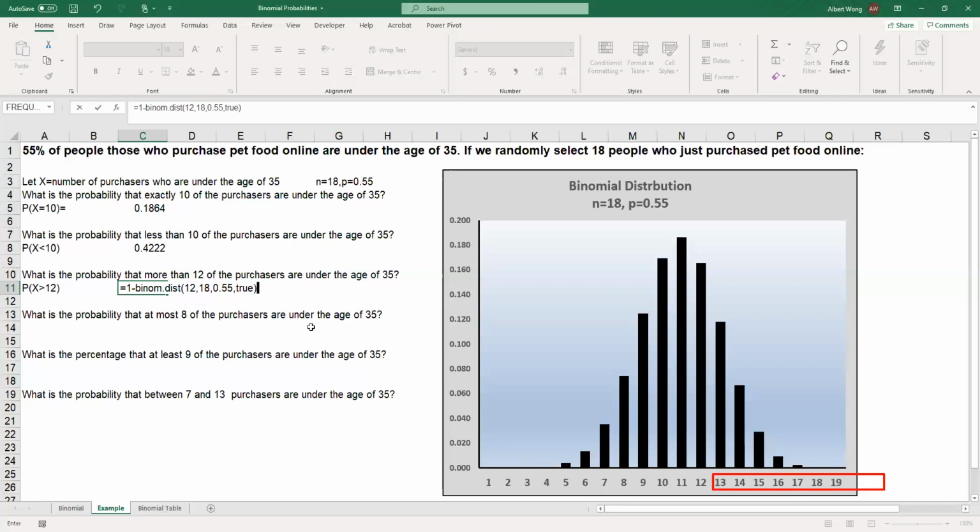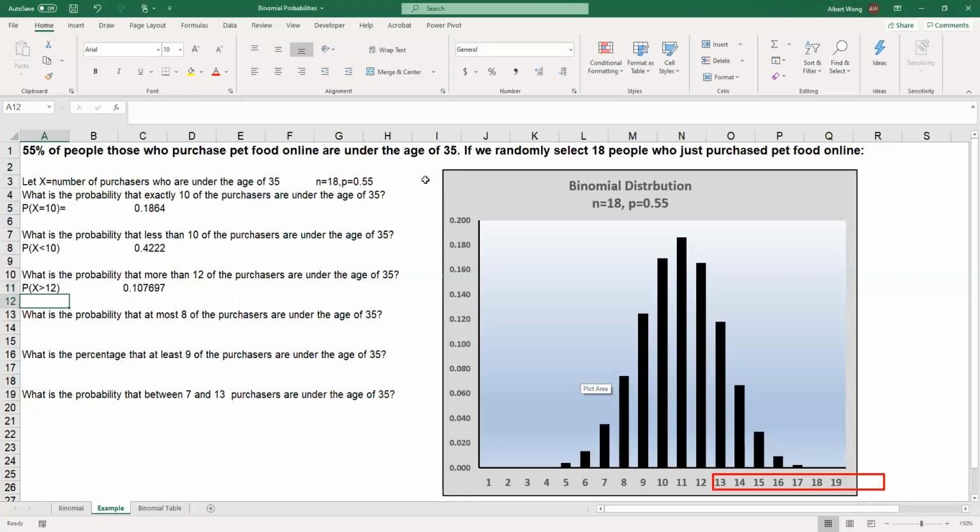And 1 minus that number would give us the probability of 13 onward to 18. Okay, and the number is 0.1077.